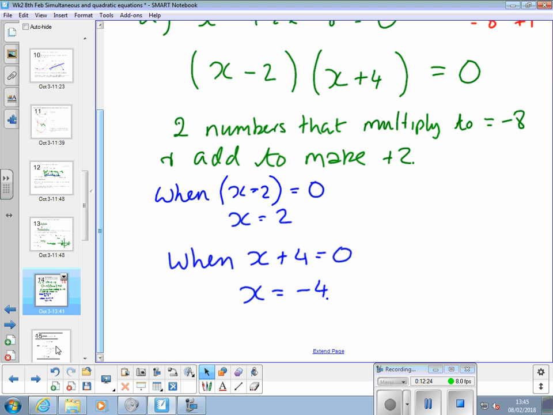And x plus 4 equals 0, so x is equal to minus 4. So the factorization is easy. Then try the factorization method. Be quick.